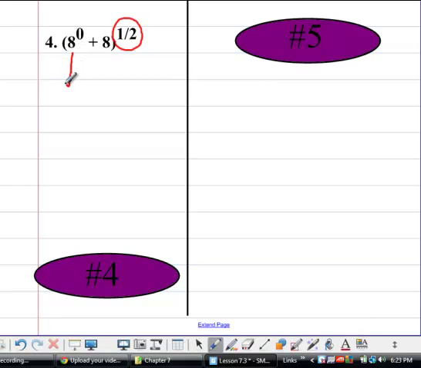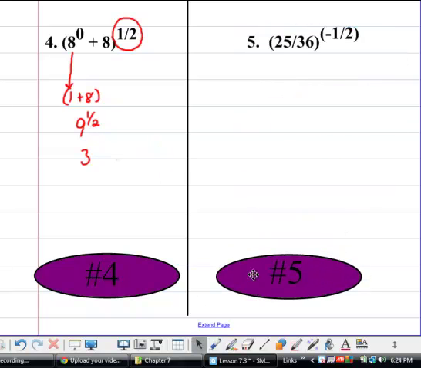Anything raised to the 0 power is 1. Nothing's going on with 8 here. So that's 9. 1/2 power means square root. Square root of 9 is 3. It's kind of easy.